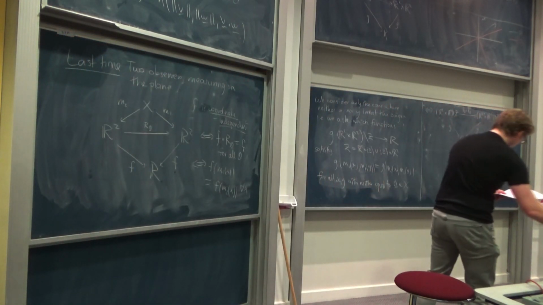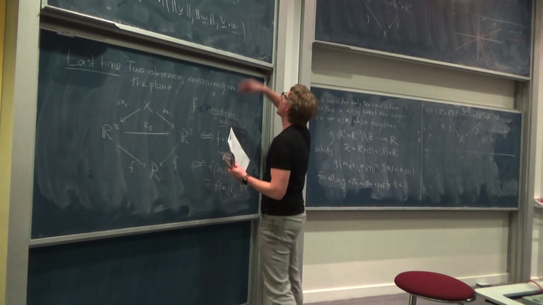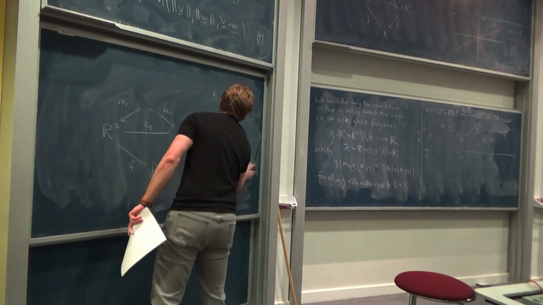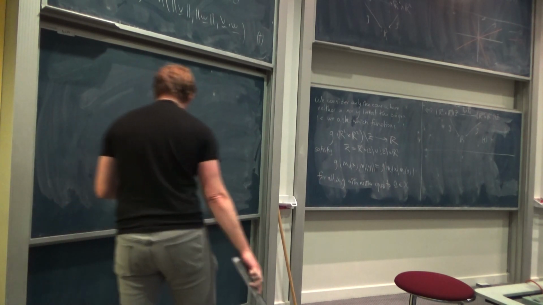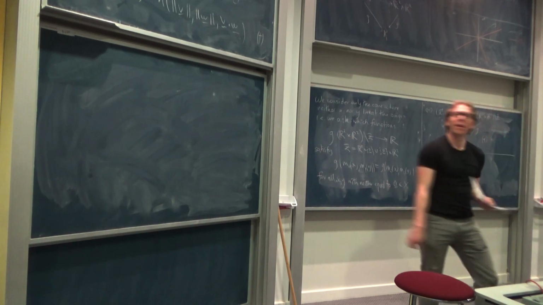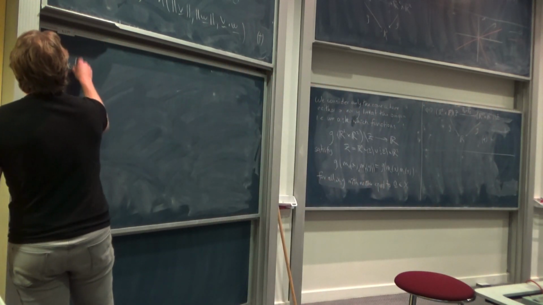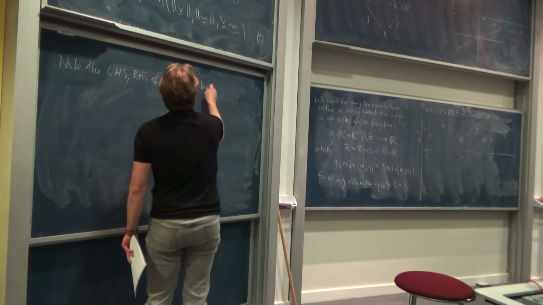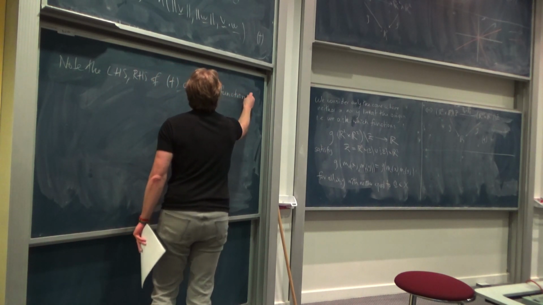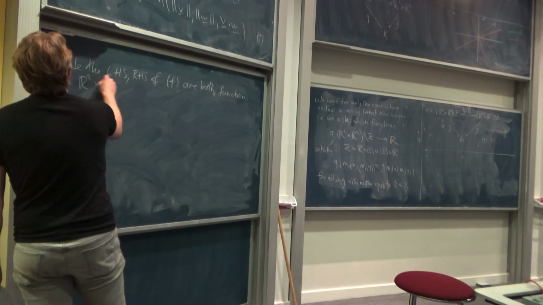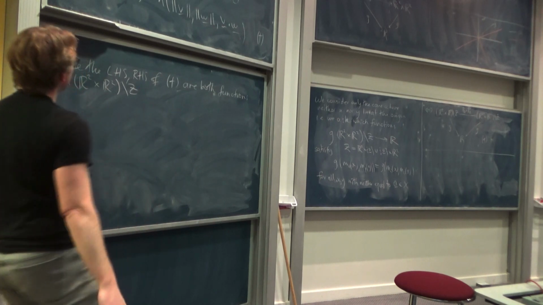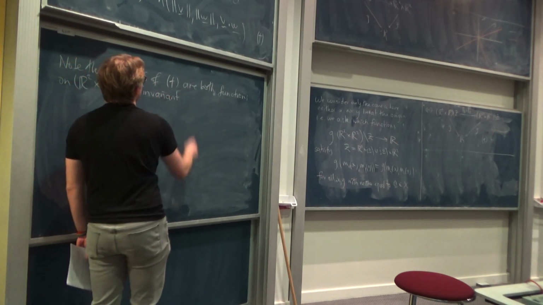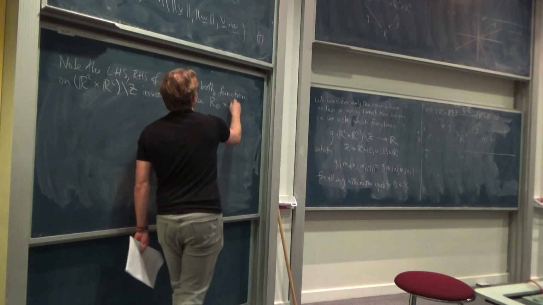We call this equation dagger. So note, the left-hand side and right-hand side of dagger are both functions on R2 cross R2, taking away the alpha beta being 0 part, invariant under R theta cross R theta.